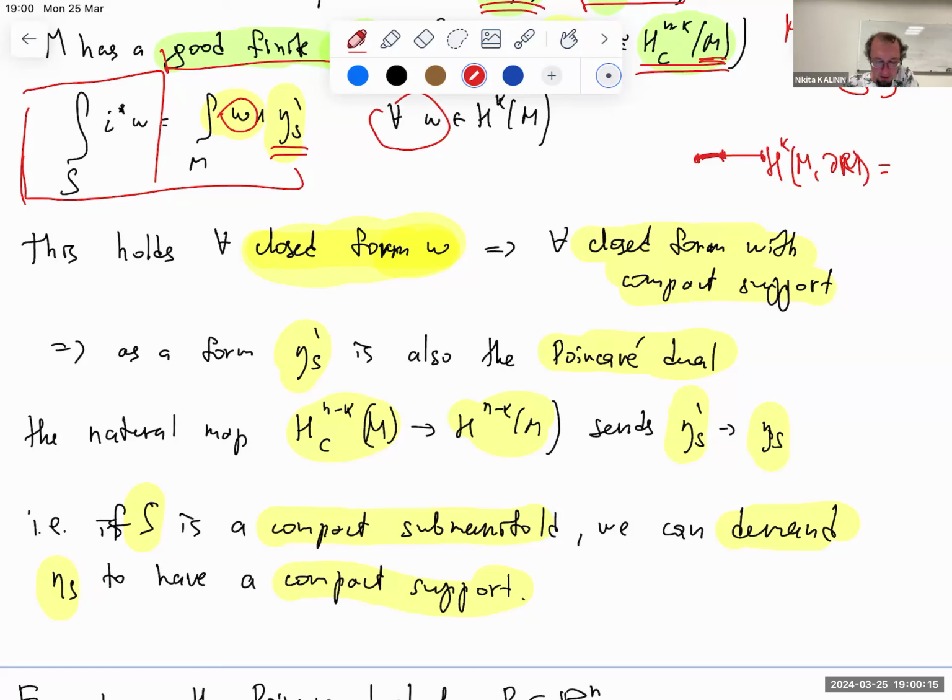For example, what we've done before, we computed the compact cohomology and real cohomology of Rn. But here you will have to do it for Rn-1 cross R bigger than 0, and the formulas will be different.